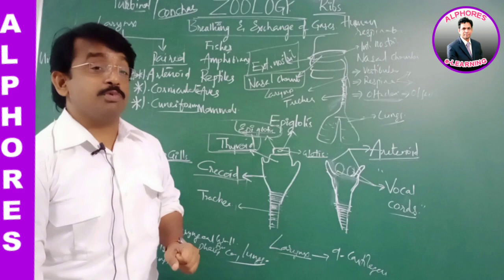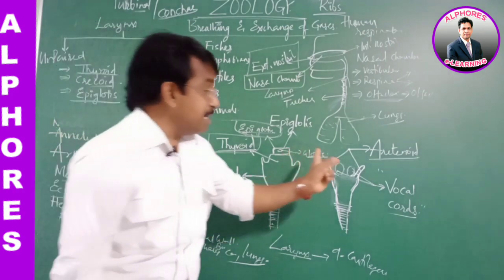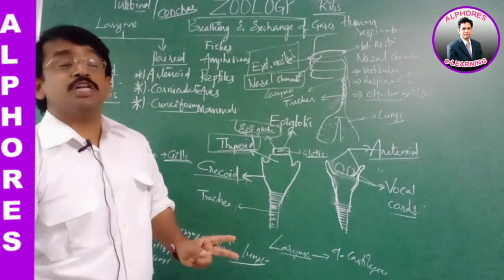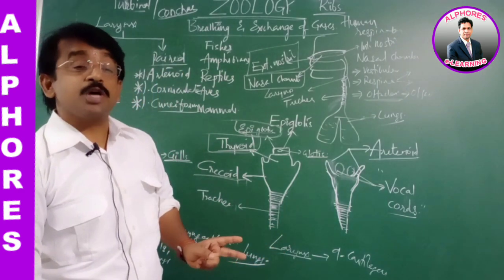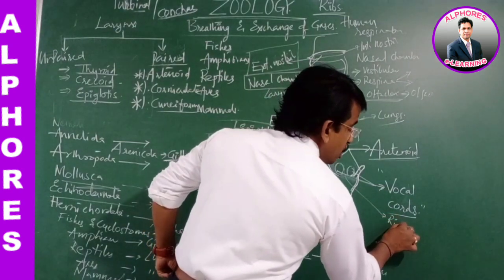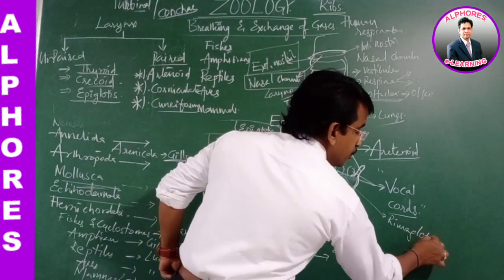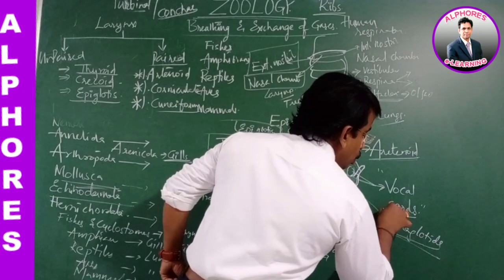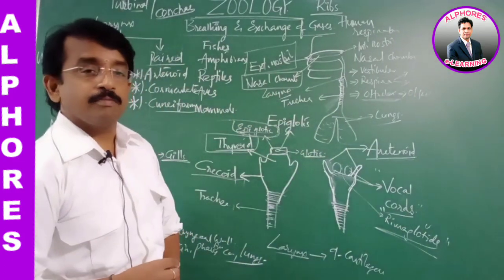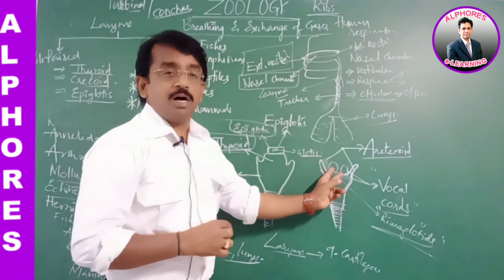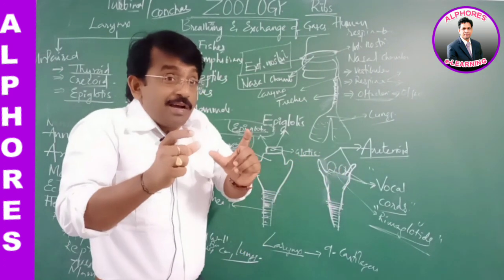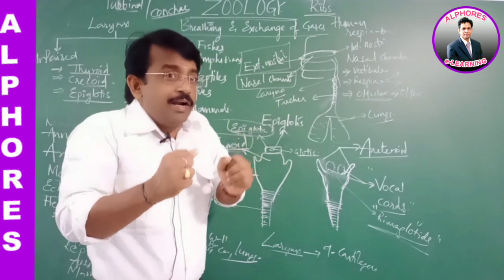Be careful, this is very, very important. The vibration of these vocal cords generates the sound. The space between the 2 vocal cords is named the rima glottis. The vocal cords are made up of elastic connective tissue, so they are elastic in nature and vibrate.